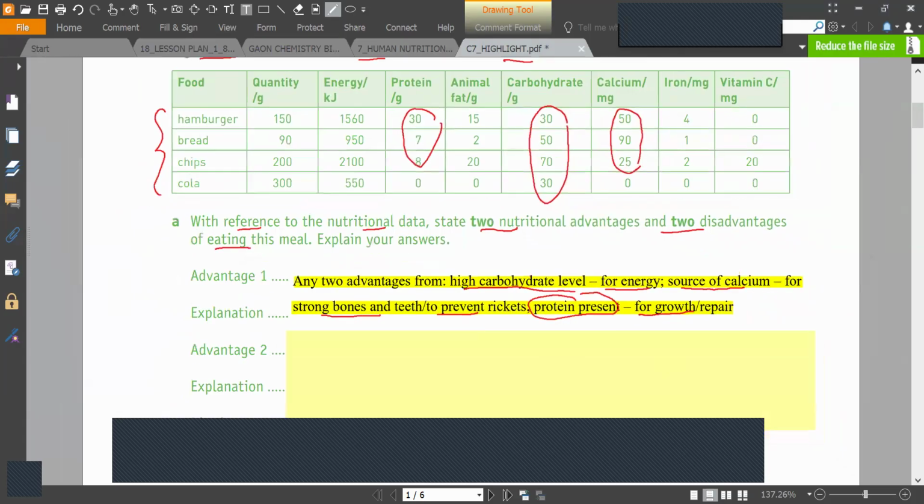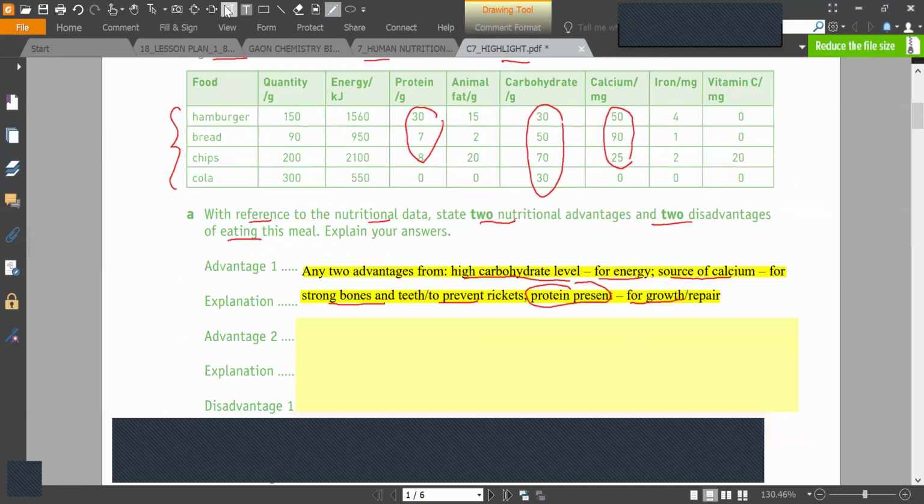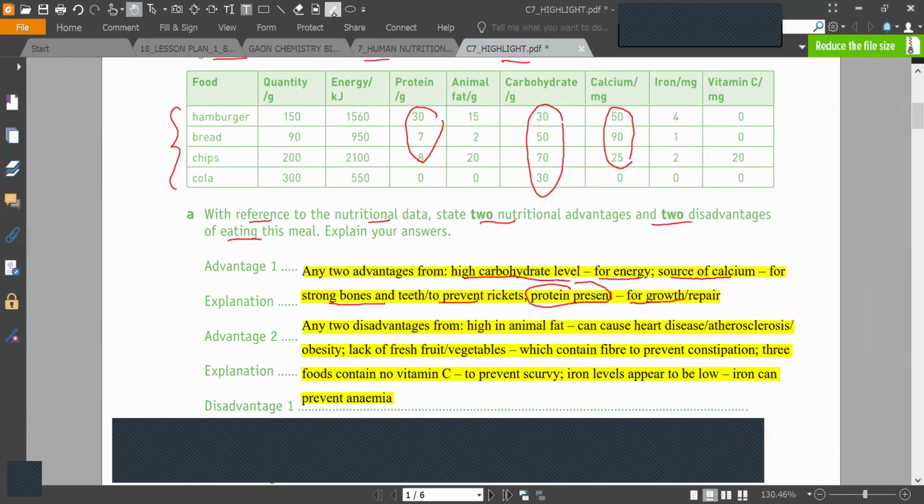Okay, what's the problem with this diet? Disadvantages. High animal fat. We can see high animal fat, especially in the chips, which can cause heart disease, atherosclerosis, obesity, and can cause our blood vessels to be blocked.